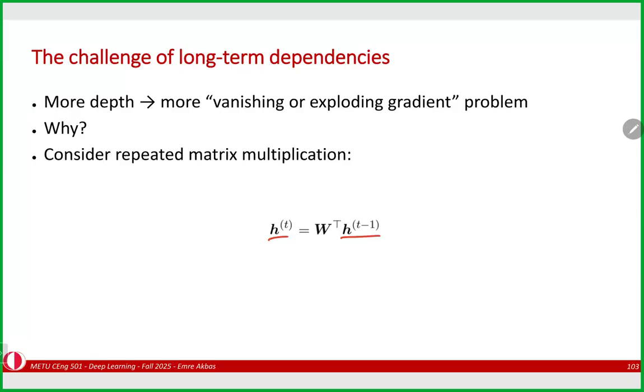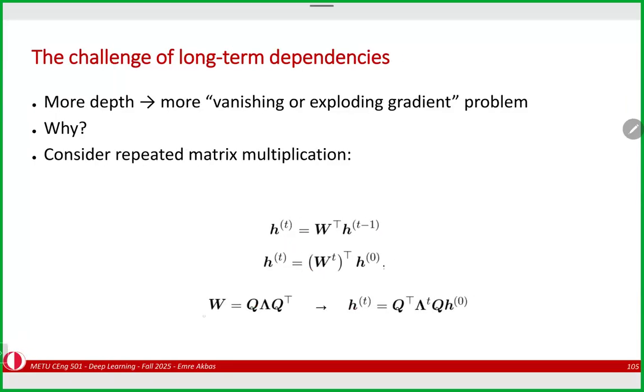So the relation between h_t and h_{t-1} is this matrix multiplication. The relation between h_t and h_0, the initial hidden state, because of this recurrence relation, is repeated matrix multiplication. It's like the matrix W to the power of T, because we are considering T time steps.